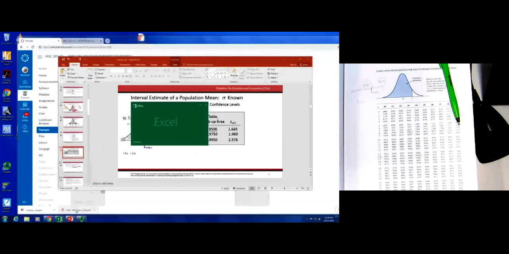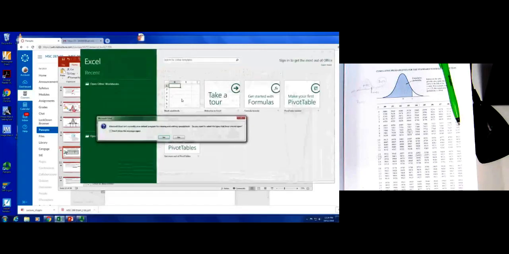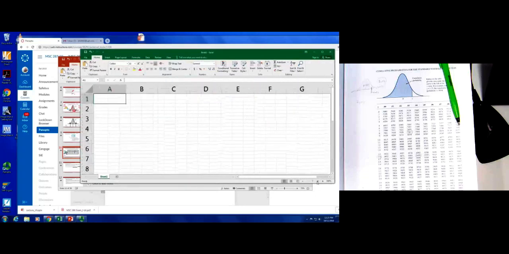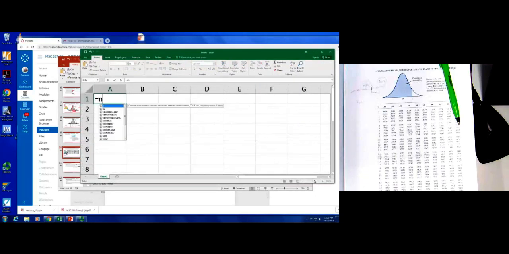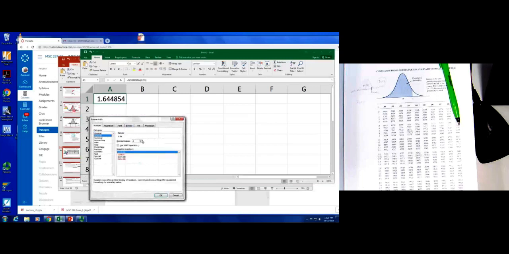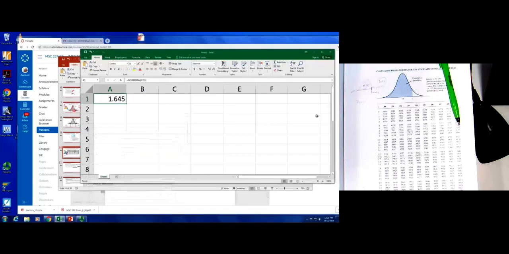You can use Excel to find the exact value, with 3 decimals. If we go to Excel, with 3 decimals, 1.645.